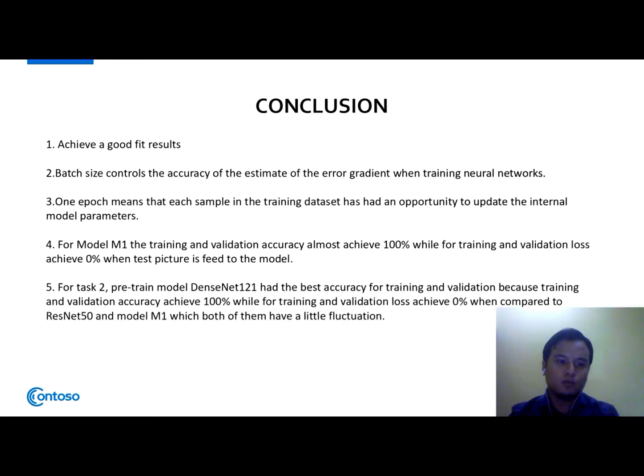For task 2, the pre-trained model DenseNet 121 had the best accuracy for training and validation, because training and validation accuracy achieved 100%, while training and validation loss achieved 0%, compared to ResNet 50 and model M1, both of which have a little fluctuation. So model DenseNet 121 has the best good fit.